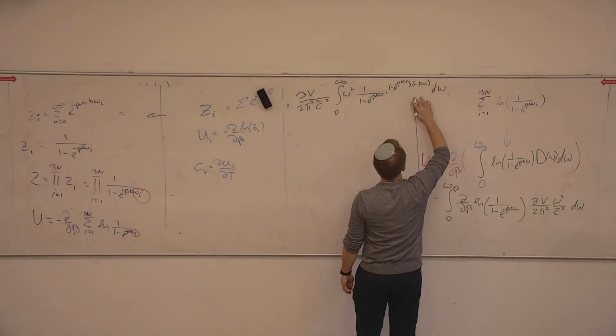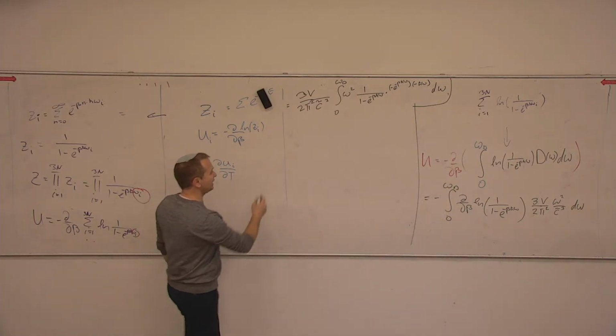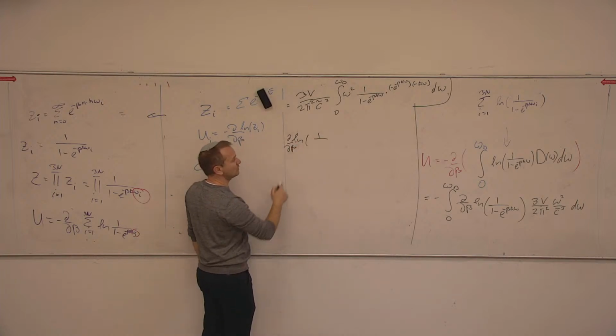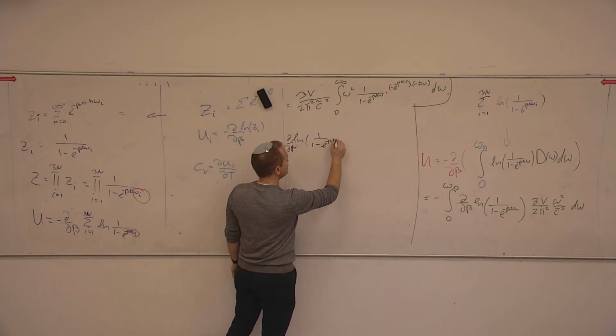d omega. Okay. So basically what I have done, I said I need to take the derivative of log of 1 minus e to the power minus beta h bar omega.